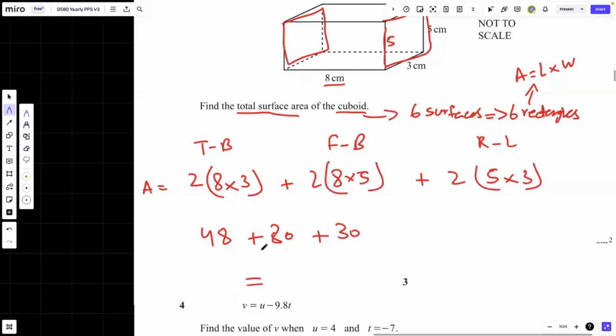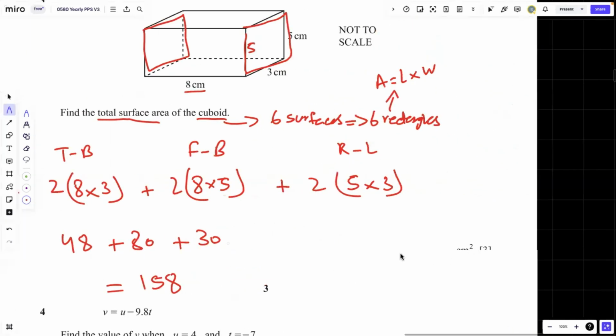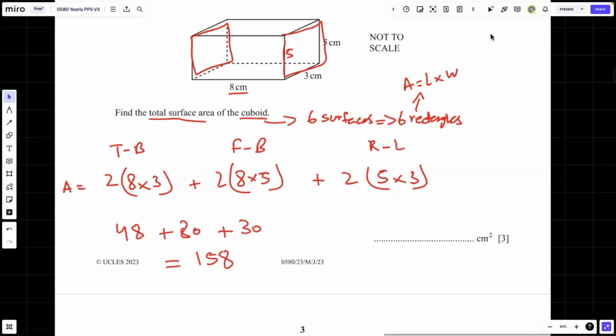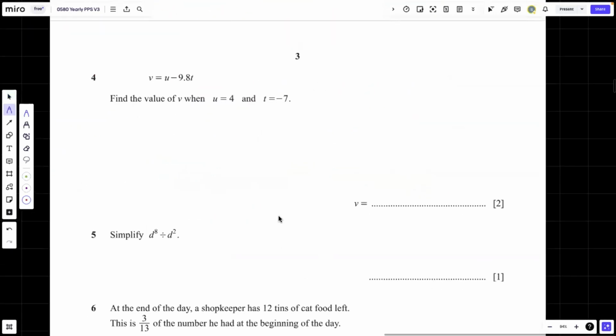So the final answer is actually, hold up, 48 plus 80 plus 30. Yeah, that's the final answer. It is 158. My bad if I said it's going to be 250. It's actually 158. Yeah, so we'll write the final answer and move to the next question.